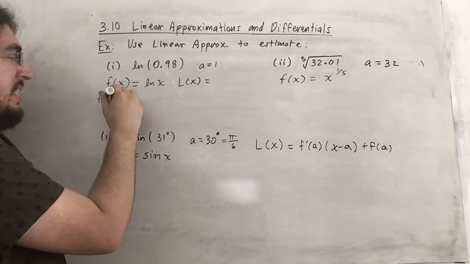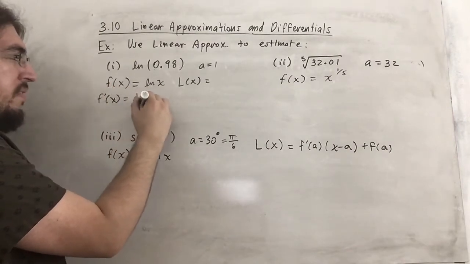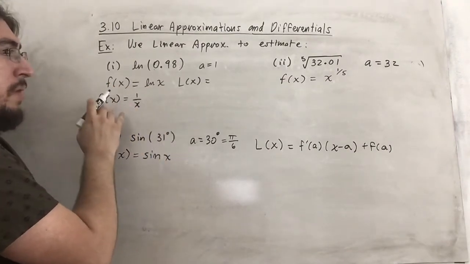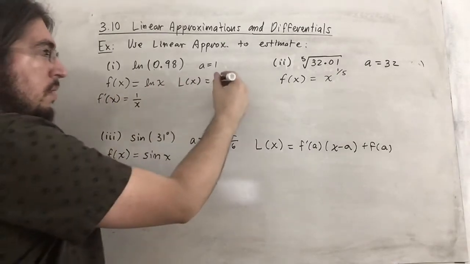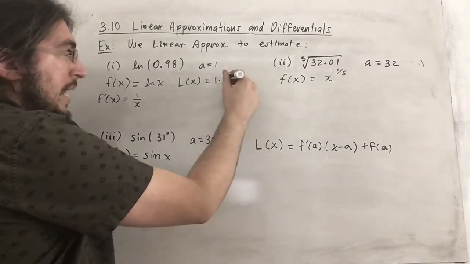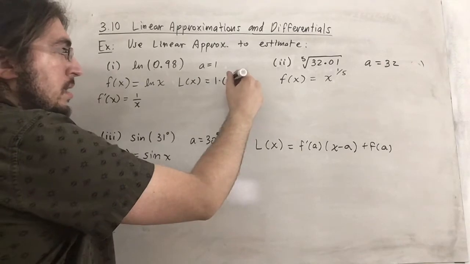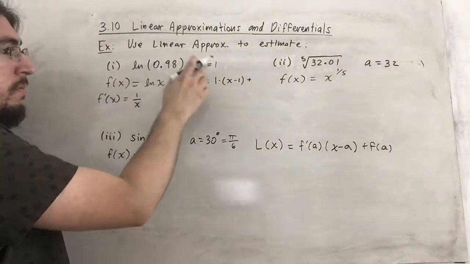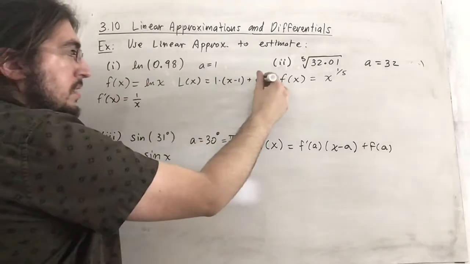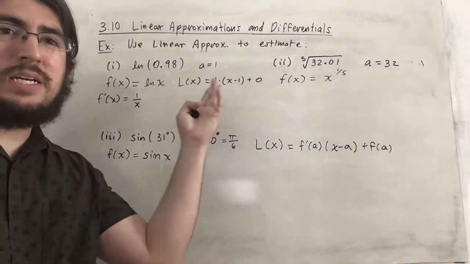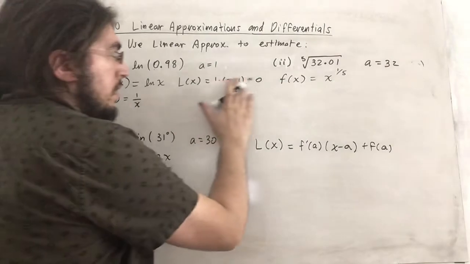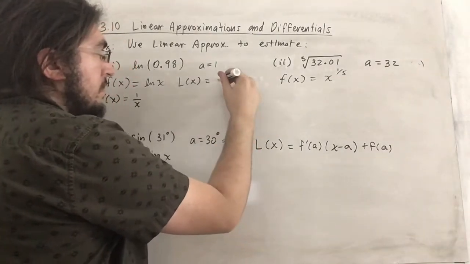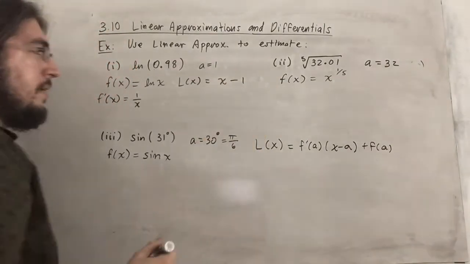We know f prime of x is equal to 1 over x. That's the derivative of ln of x. So that means f prime of 1 is 1 over 1, which is just 1, times x minus 1, in this case, plus f of 1. We know ln of 1 is 0, so that's plus 0. So in reality, this is just L of x equals x minus 1. So I'm going to write that, x minus 1. I think that's okay, good.